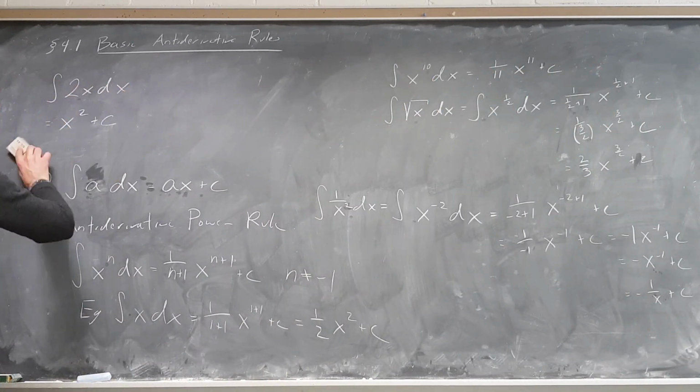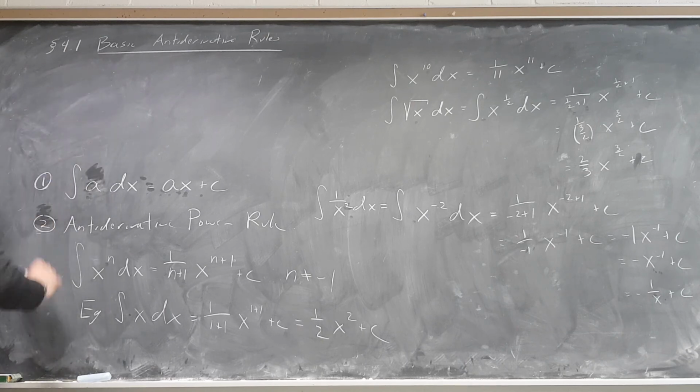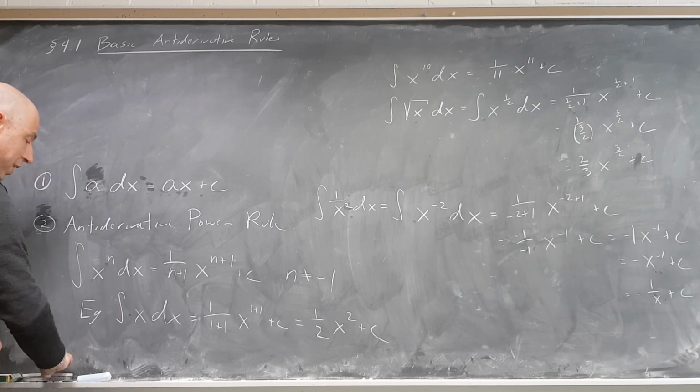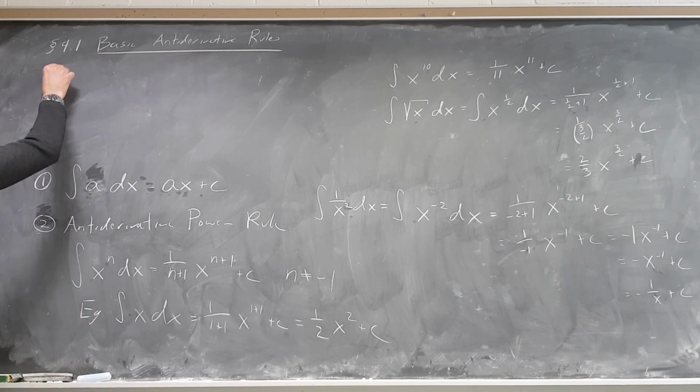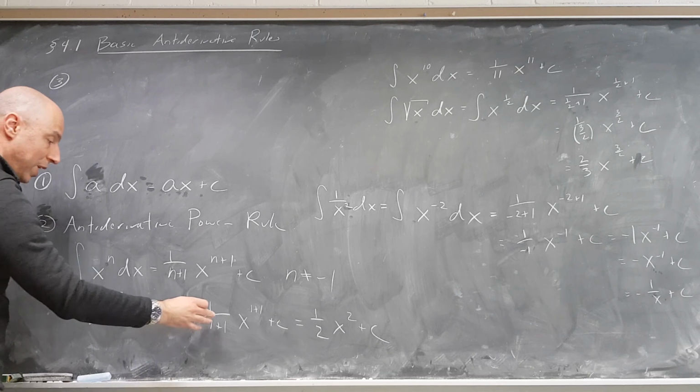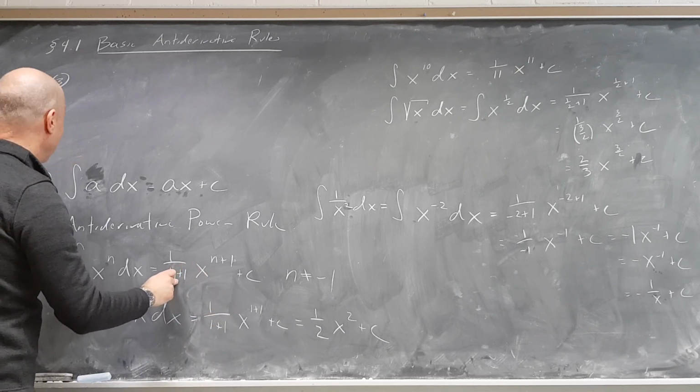We said that the only power you can't use that with is negative 1. So let's see what the antiderivative of x to the minus 1 is, since we can't use the antiderivative power rule on it because we end up with division by 0 right there.